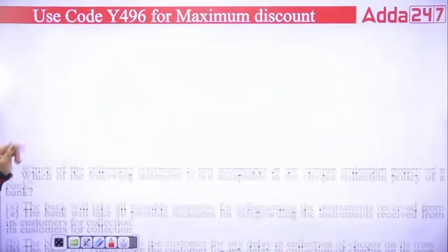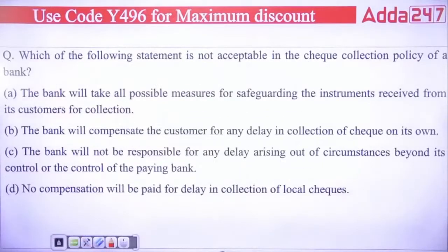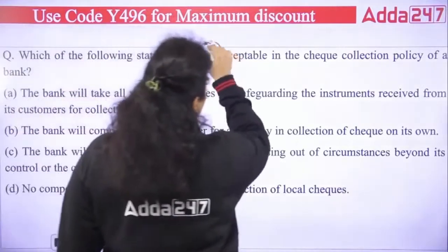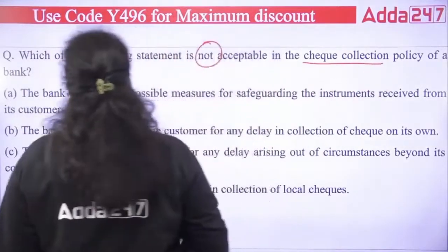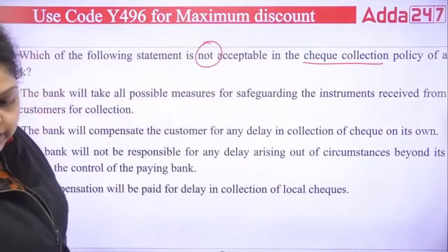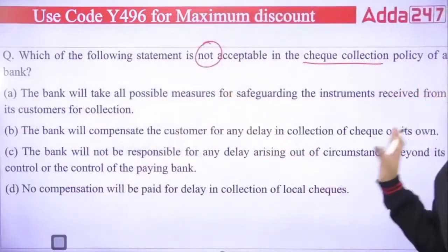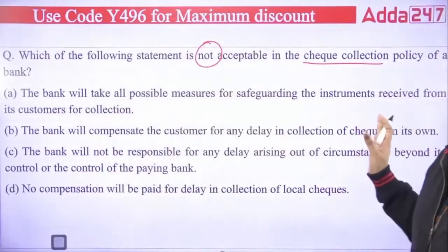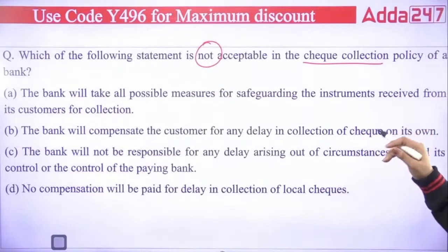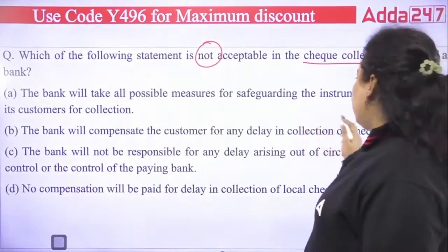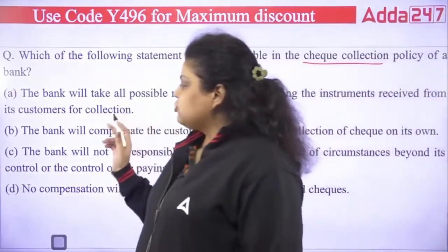Okay, it should go to the cashier or a head cashier. So the right answer will be A or B. Now, which of the following statements is not acceptable in the check collection policy of a bank? First, the bank will take all possible measures for safeguarding the instrument received from its customer for collection.